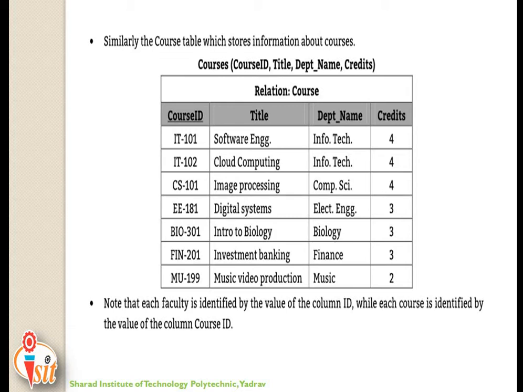Likewise, there are different course titles: IT 101 is software engineering and 102 is cloud computing. Likewise, here are the department names of the particular courses: software engineering is in the information technology department, cloud computing is in the information technology department, image processing is included in computer science, digital systems are included in electrical engineering, and introduction to biology is included in the biology department.